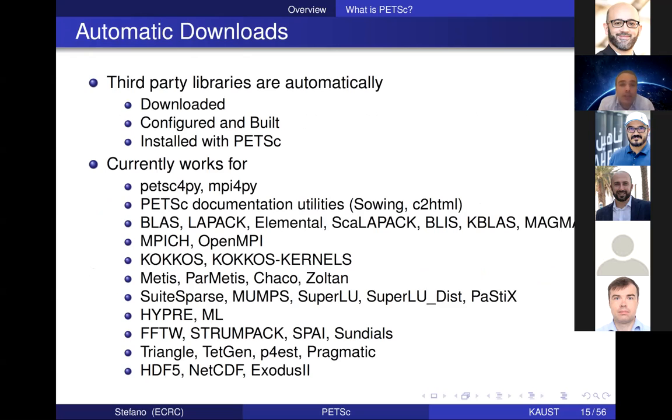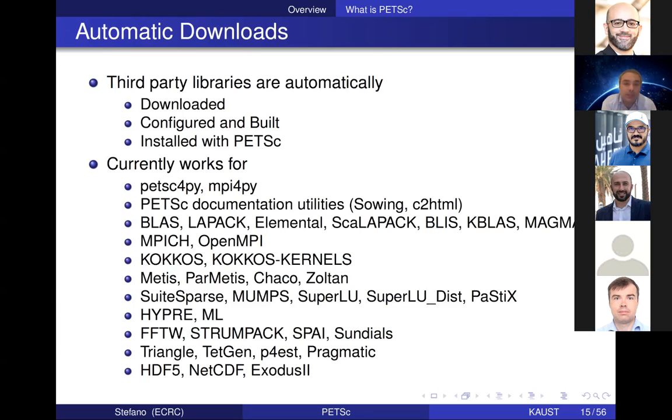And here you have a list of some of the possible packages that you can download and install, ranging from BLAS and LAPACK or BLIS, as Bilal was mentioning, even KBLAS or MAGMA. You can download and use them from PETSc. You can download METIS, ParMETIS, or any other mesh partitioning package that you like, or direct solver packages, and use them from PETSc.